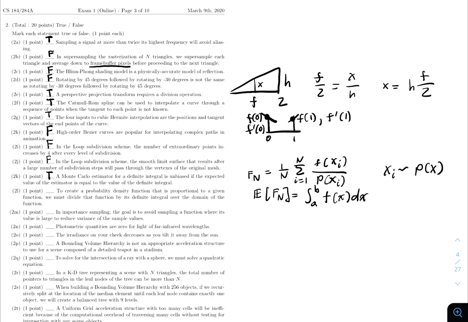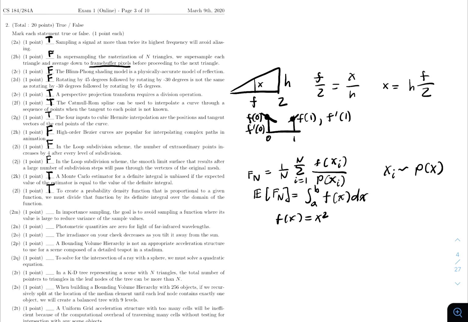Part L reads, to create a probability density function that is proportional to a given function, we must divide that function by its definite integral over the domain of the function. This is also true. Let's say we have some function f of x equals x squared. This is the example used in lecture.